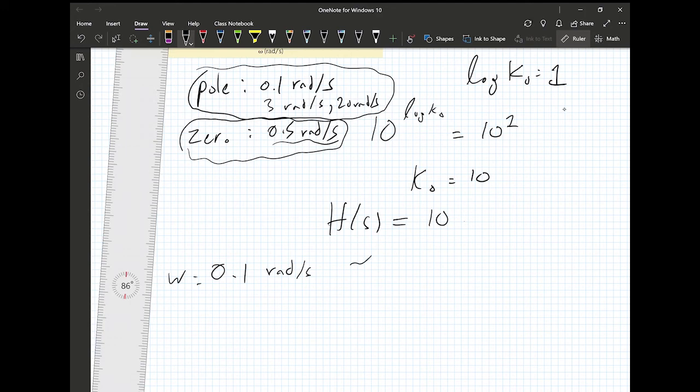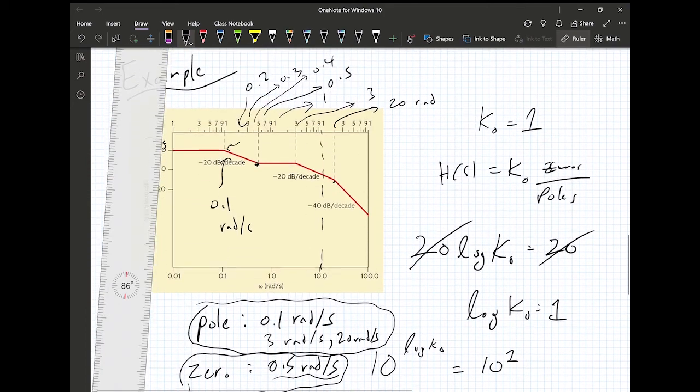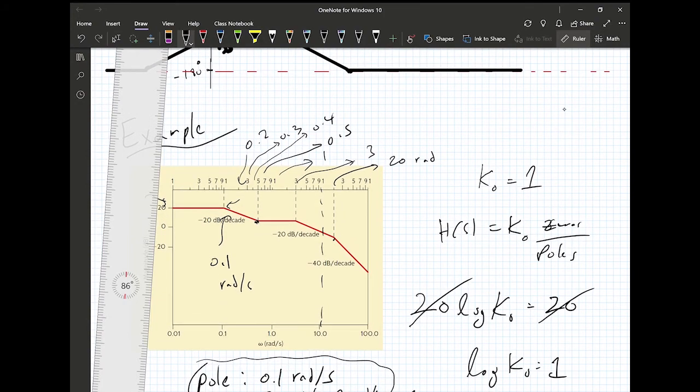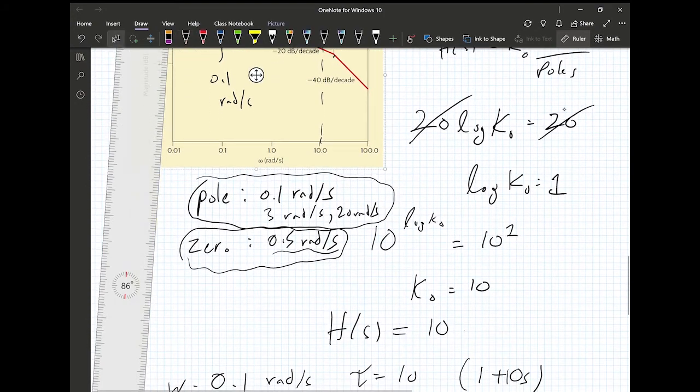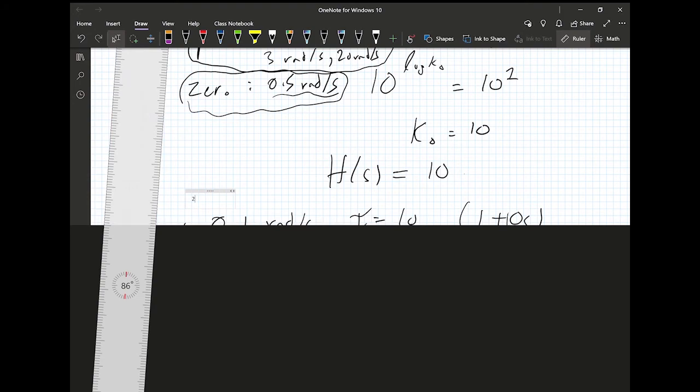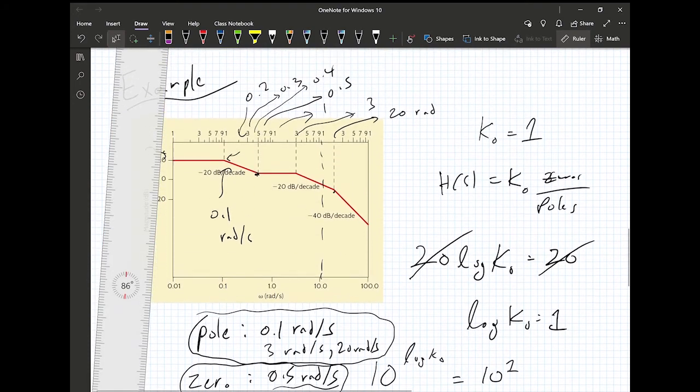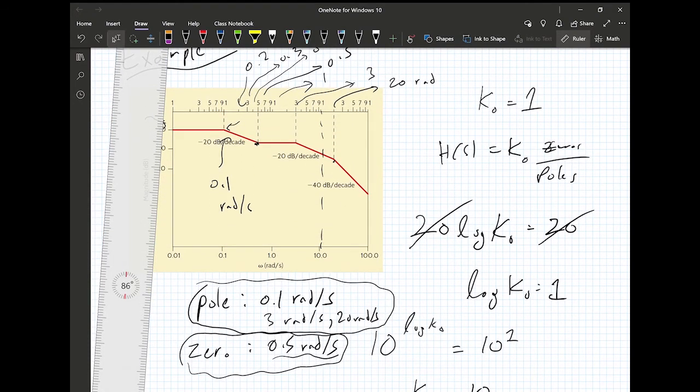So what's the tau? Tau is going to be equal to 10, right? So this is going to be equivalent to this pole, 1 plus 10s, using the normalized form, right? And then we have the, we said 3 rads per second. Is there a 3 rad per second pole here? Did I make a mistake?